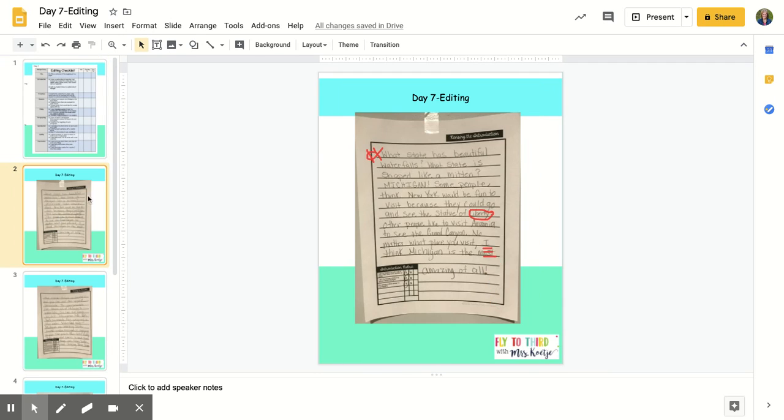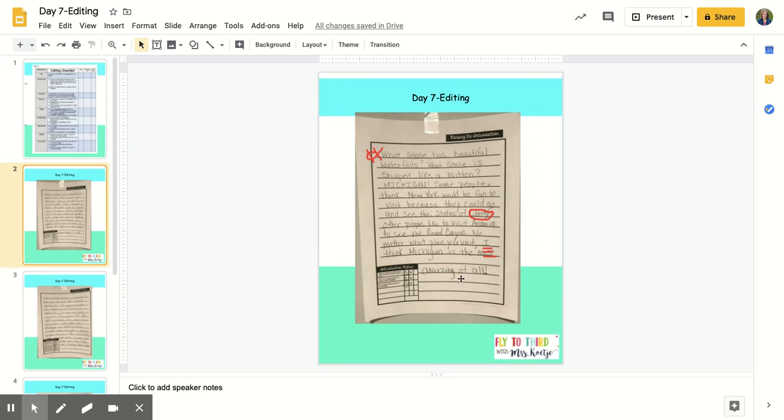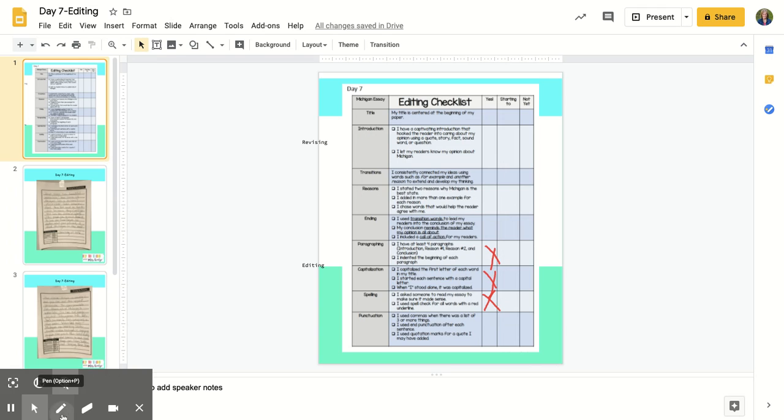So you've got to go through that paper and make sure that you didn't forget those punctuation marks anywhere. And sometimes your punctuation is going to be an exclamation point. Sometimes it'll be a question mark. So maybe you have the wrong punctuation and you need to put the right one in. Once you're done with that, you'll X that off and you're done with editing.